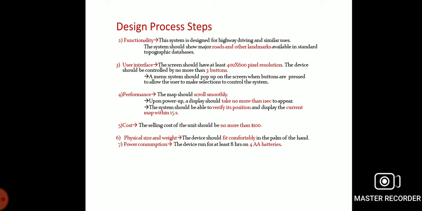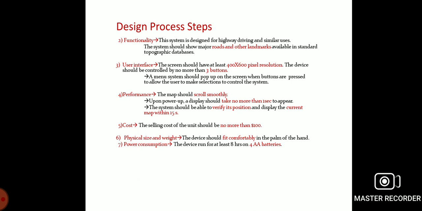The menu system should pop up on the screen when the buttons are pressed to allow the user to make selections to control the system. Then the performance: the maps should scroll smoothly upon power up, and a display should take no more than one second to appear. The system should be able to verify the position and display the current map within 15 seconds.